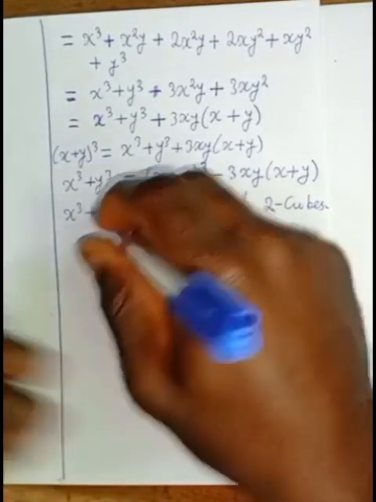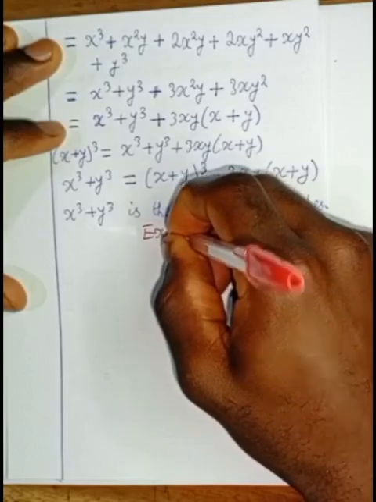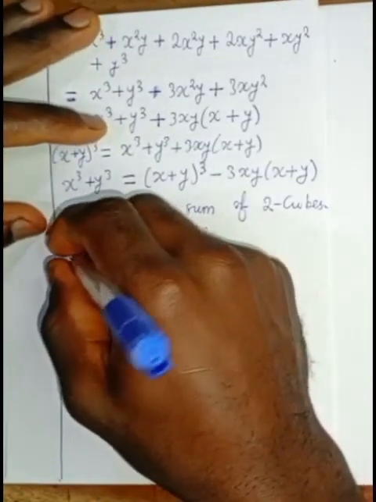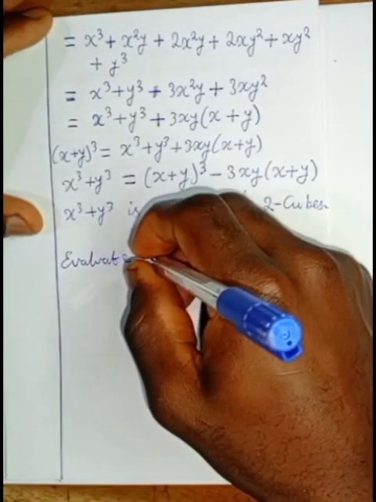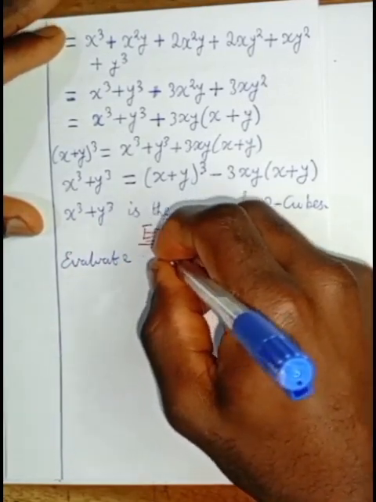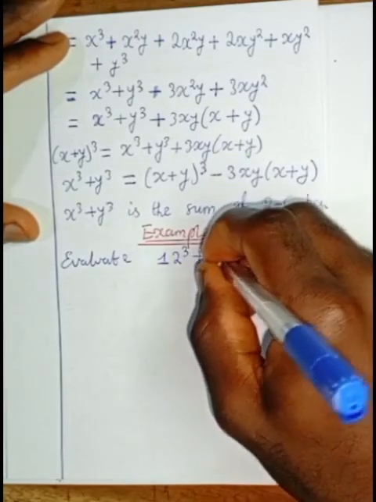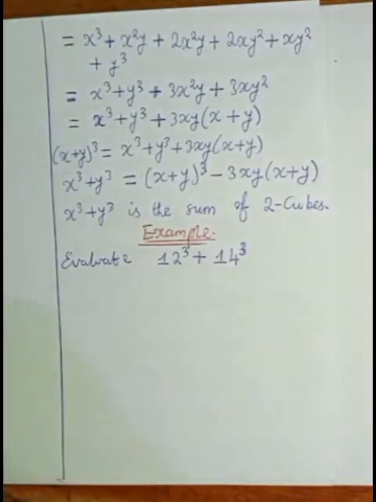Let's take an example. Here we make use of the sum of two cubes. Evaluate 12 cubed plus 14 cubed. Solution.